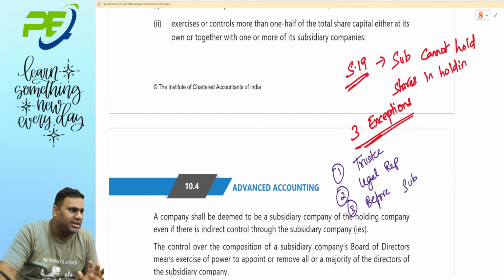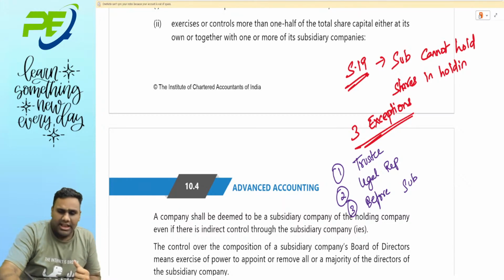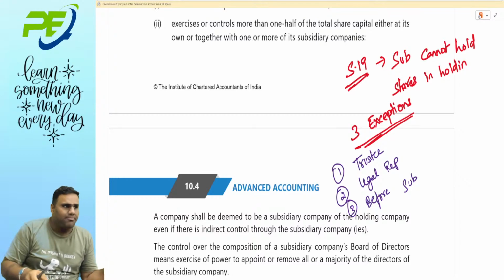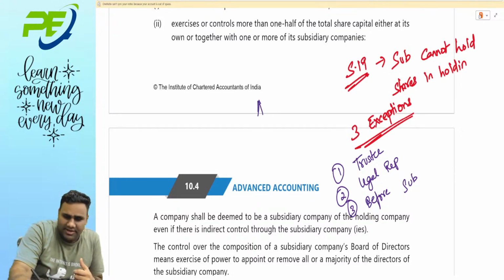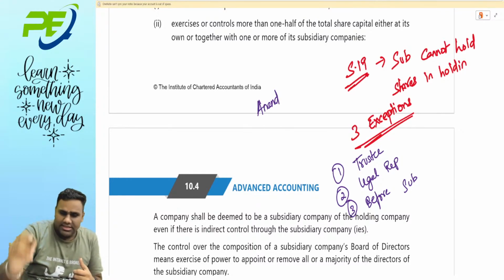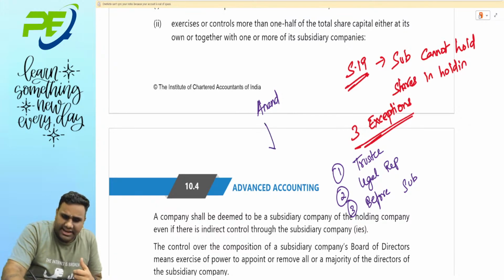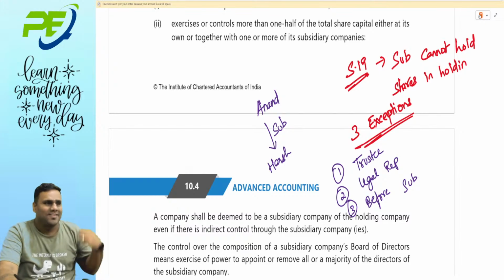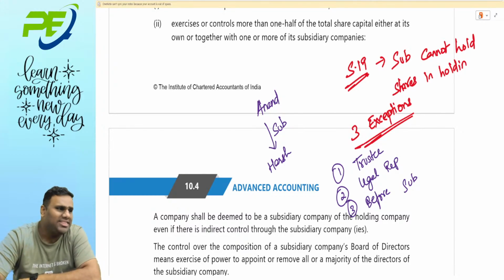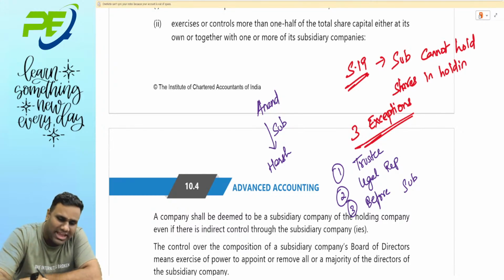First, legal representative. Let's say for example, there is a company Anand Limited, and Anand Limited has a subsidiary, Harsh Limited. Now, in the company Anand Limited, there was a shareholder Moksha.